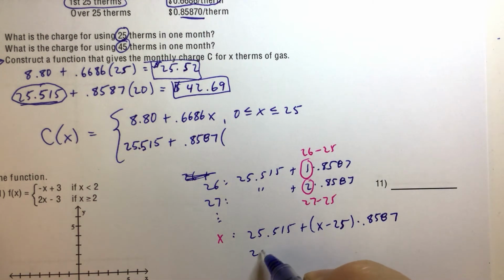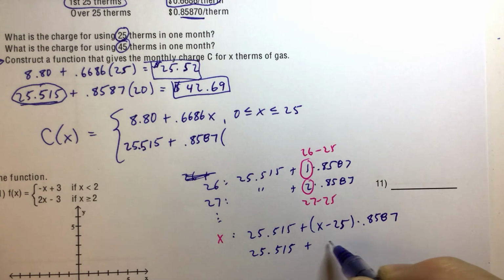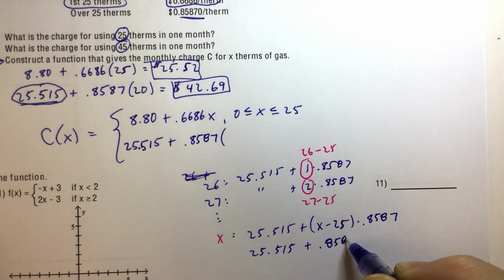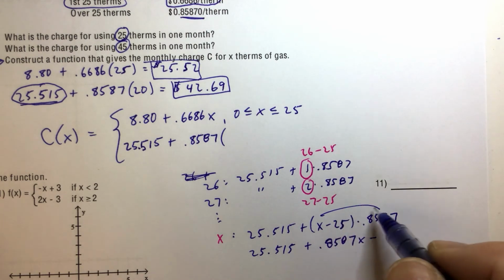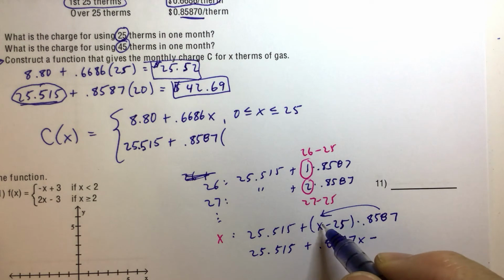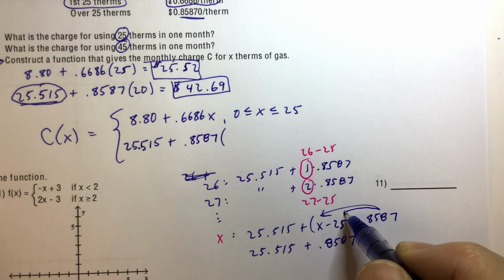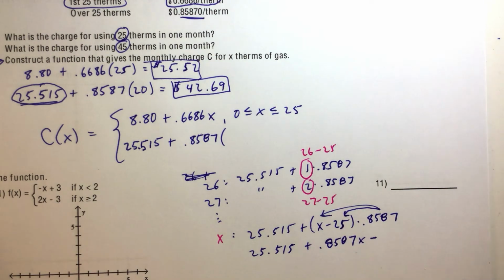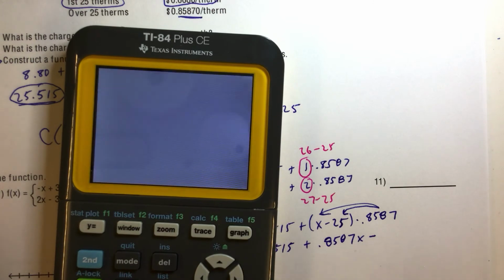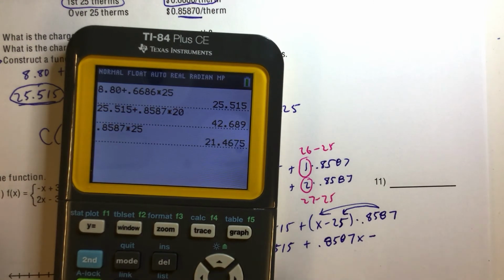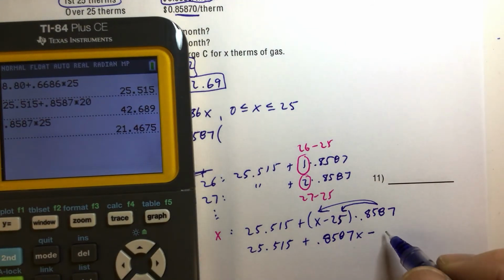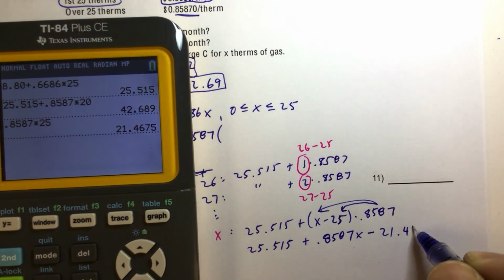And let's actually distribute here. 25.515 plus 0.8587x minus, now we're going to distribute. We distributed the 0.8587 to the x, and we're going to distribute the 0.8587 to the 25. So we have 0.8587 times 25, we get 21.4675.